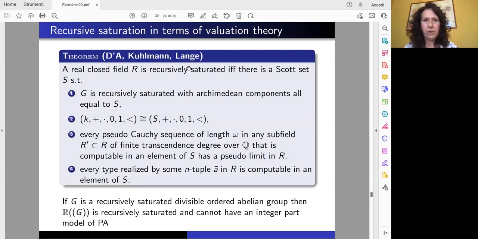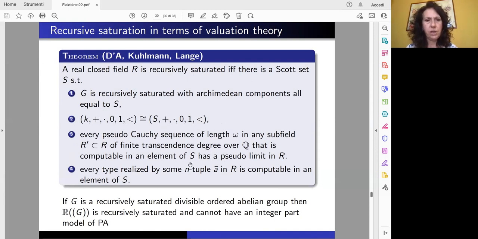This is obtained together with Salma and Lange: a real closed field is recursively saturated if and only if there is a Scott set S such that the residue field is isomorphic to this Scott set, where in the case before it was the reals.